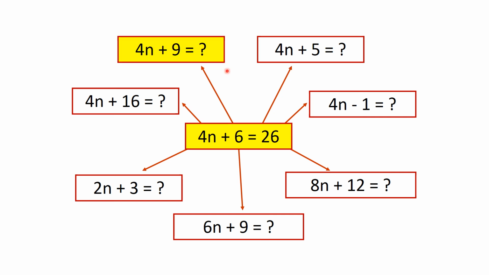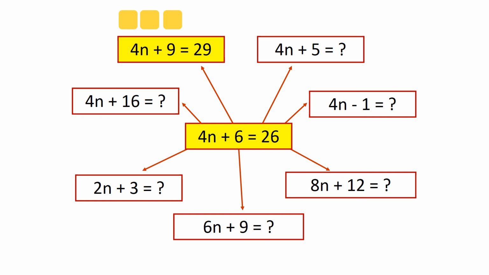In this case, to go from the plus 6 to the plus 9 is 3 extra yellows. So on the right-hand side, to repair that, I would have to add 3 extra yellows. So the answer would be 29.